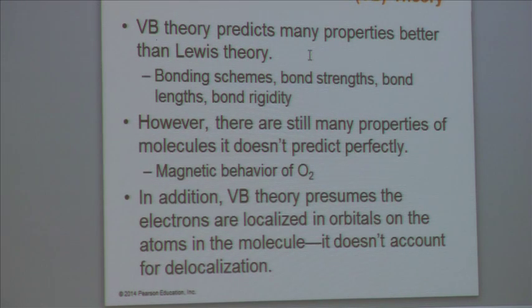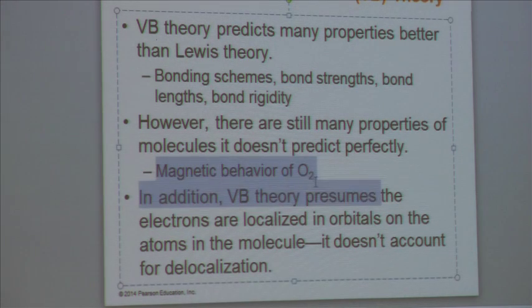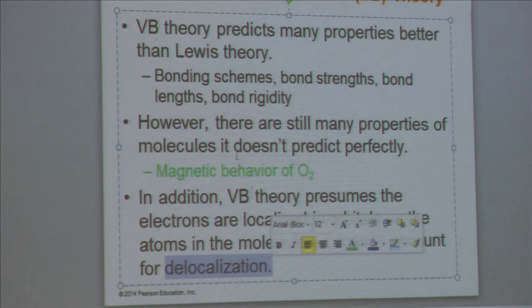Problems with valence bond theory, though, are that there are still properties it doesn't predict perfectly. An example is the magnetic behavior of O2. Valence bond presumes that the electrons are localized in orbitals, but it doesn't account for delocalization.